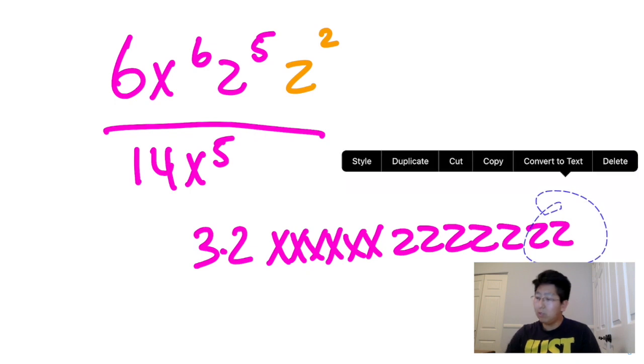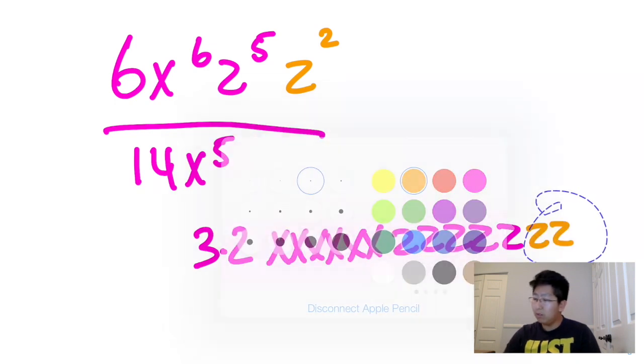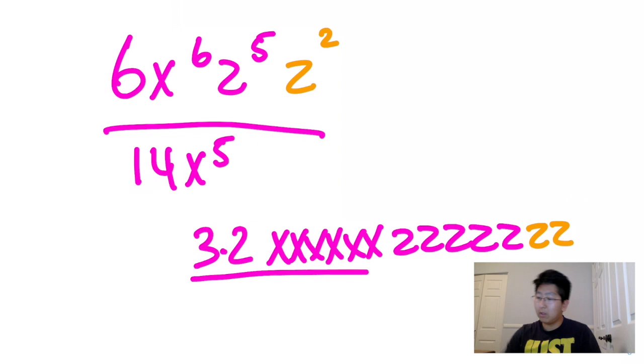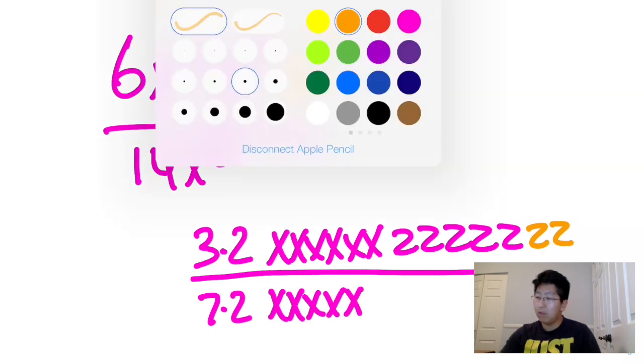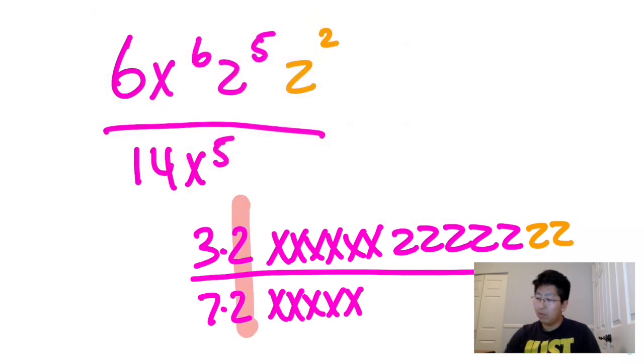Those 2 z's at the end are the ones that came up to the top. Then we have 14, that's 7 times 2, and 5 x's. Create my ones.